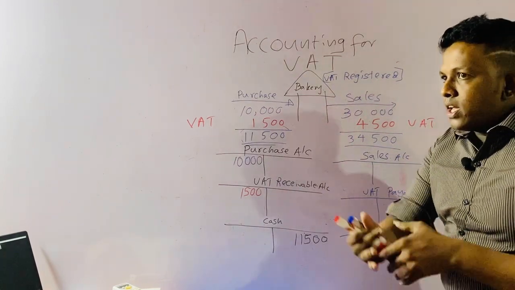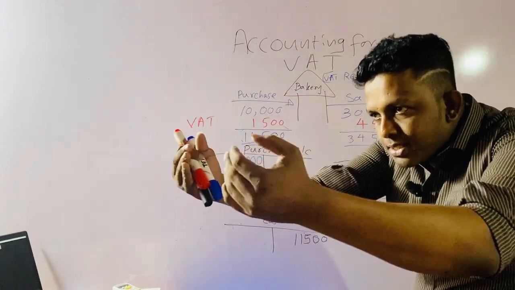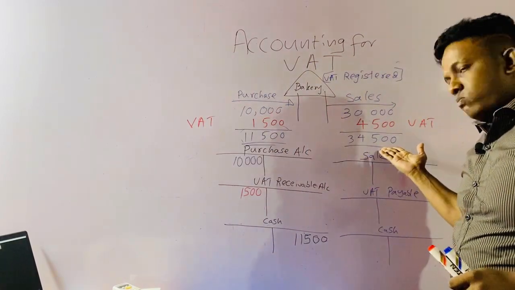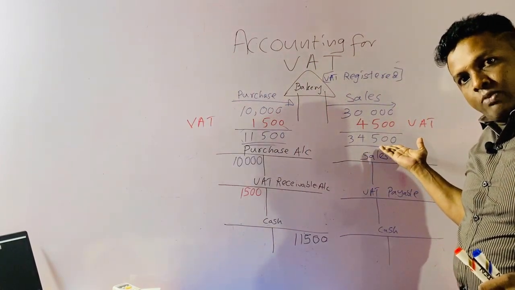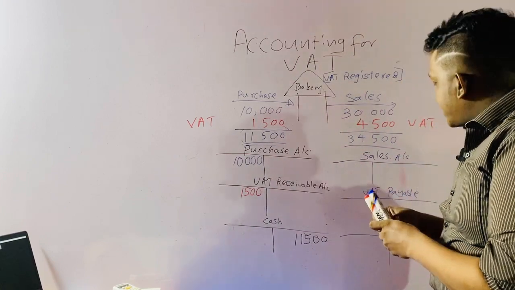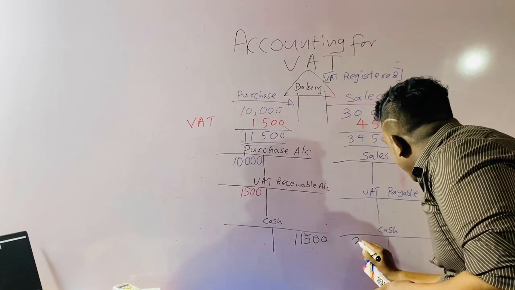So what we collect from the customer is the invoice value, right? That is debited to the cash account. Okay, 34,500.